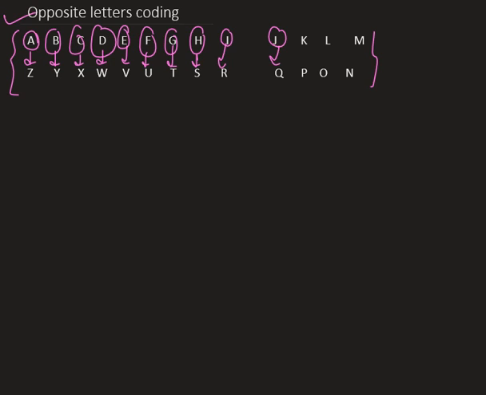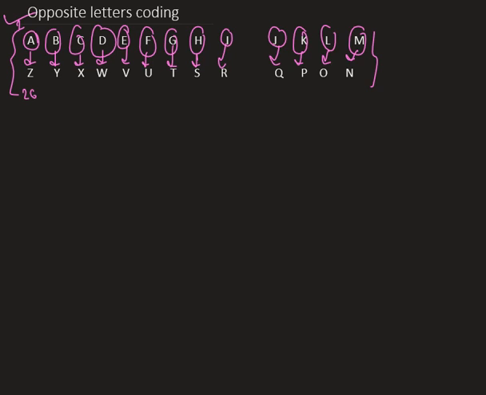for J it is Q, for K it is P, for L it is O, and for M it is N. Okay, as we can see, if we give numbers to each of these alphabets, the number corresponding to the upper one and the number corresponding to the lower one sum up to 27.